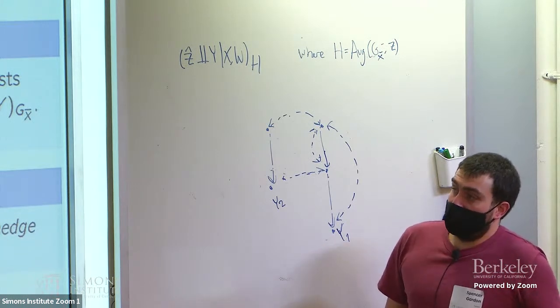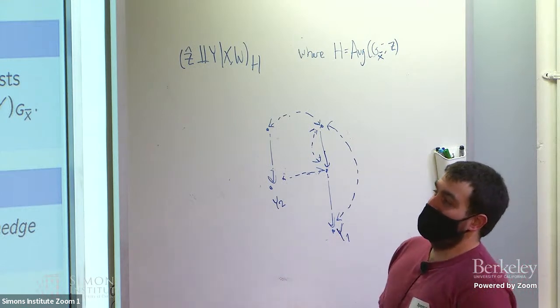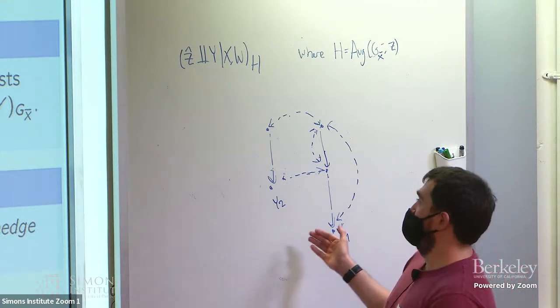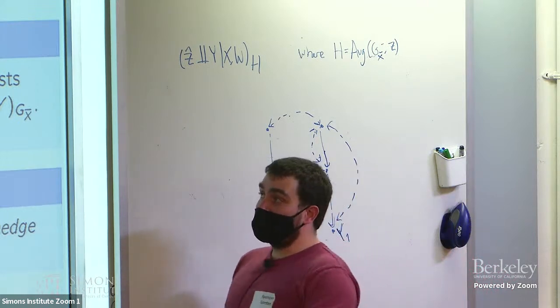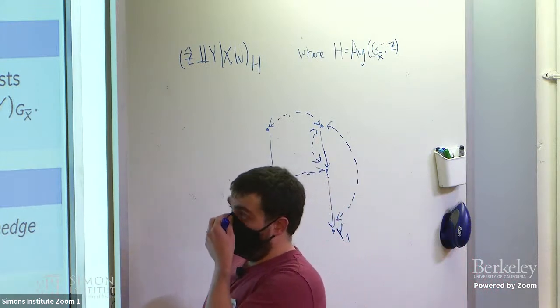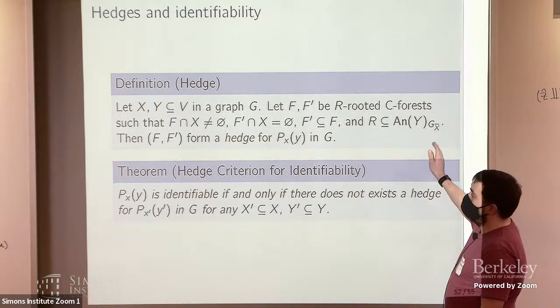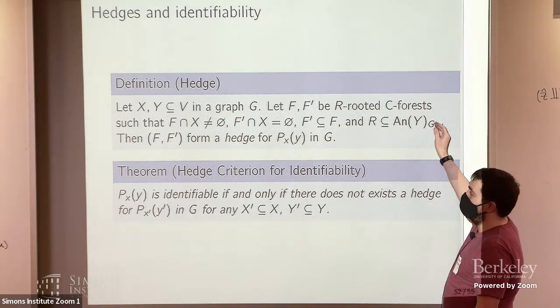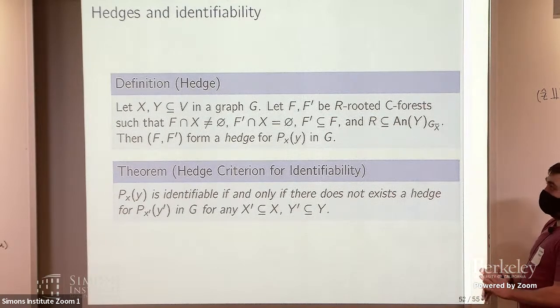So the obstruction to identifiability is this object called a hedge, which involves C-forests as follows. If I want to identify the effect of X on Y, and I can find a hedge with respect to X and Y, then I have a proof that it's not identifiable.